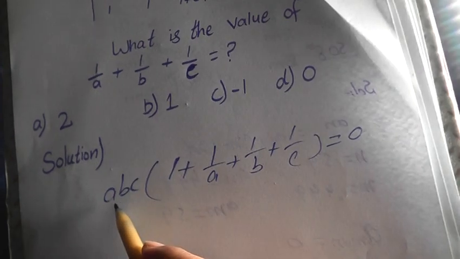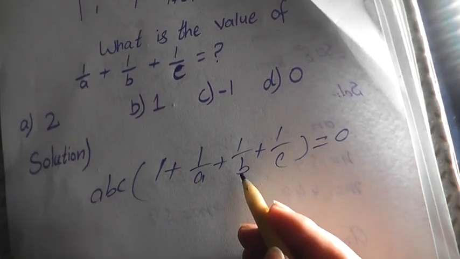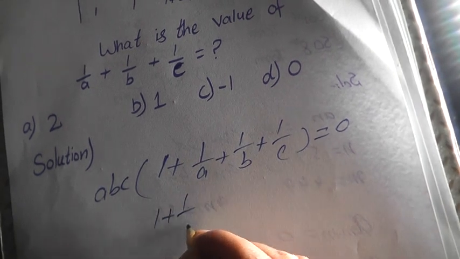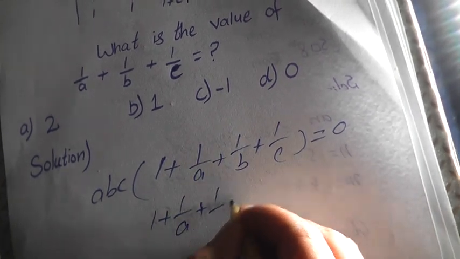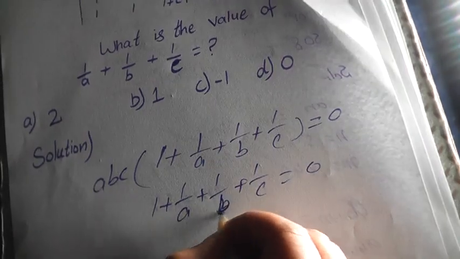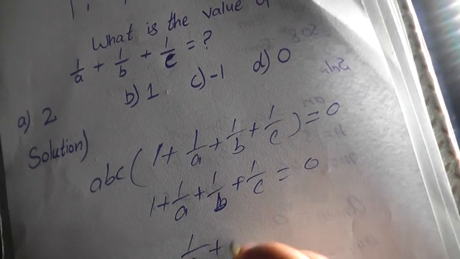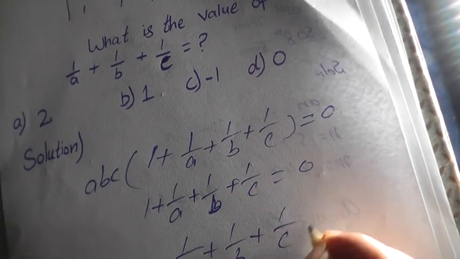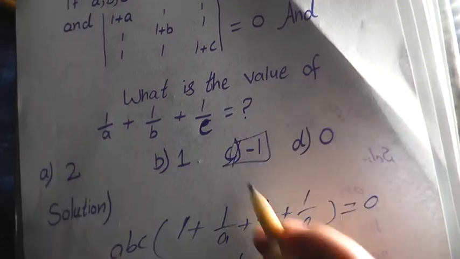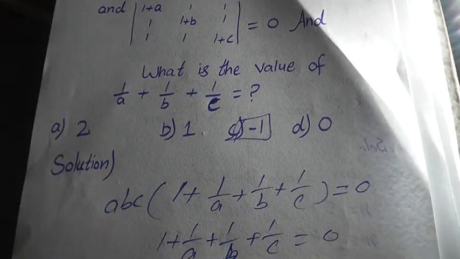So here ABC is multiplied in this, so ABC is not equal to 0. Then we have 1 plus 1 over A plus 1 over B plus 1 over C is equal to 0, and this implies that 1 over A plus 1 over B plus 1 over C is equal to -1. So our required answer is -1. C option is the right option of this question.